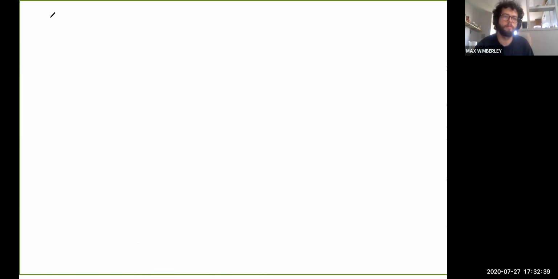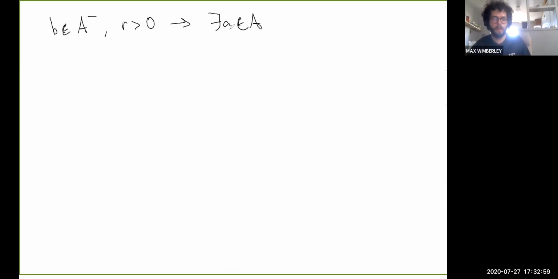We're saying B is in the closure, and R is greater than 0, and we claim that this means there exists an A in A. In fact, I don't even know why they cite 13.9c. You can use 13.9c, but there's actually an easier way to see why this is true.